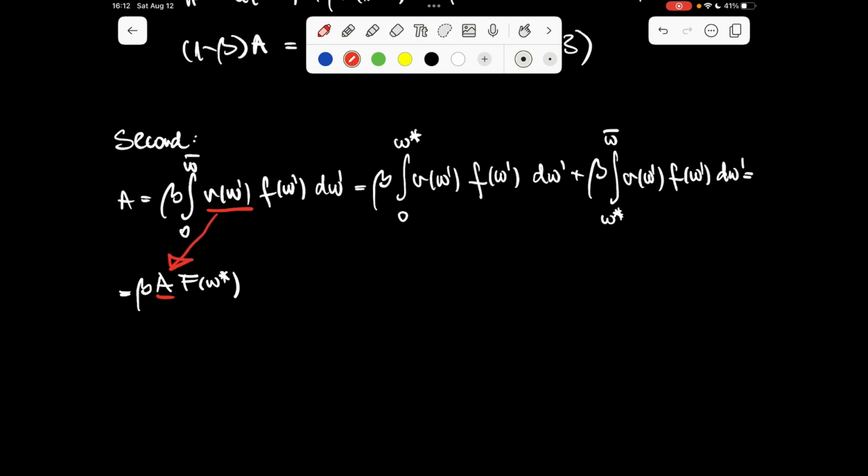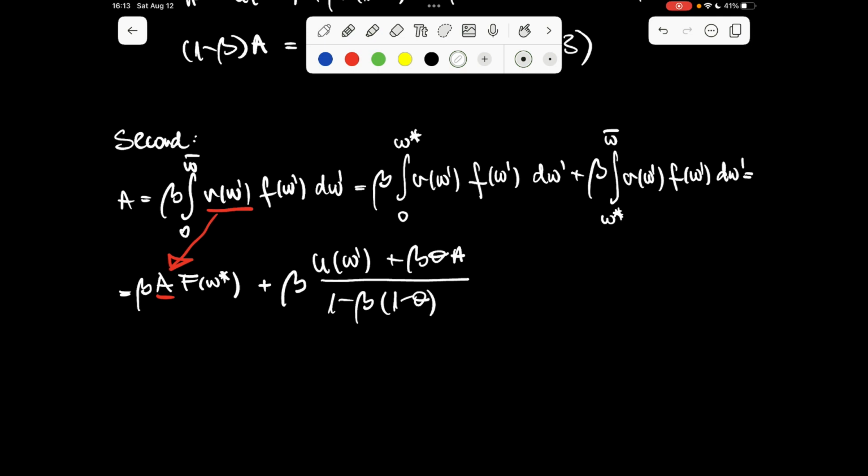On the one hand, we just substitute the density function with the distribution function. And on the other hand, we apply the formula of the other section of the value function.